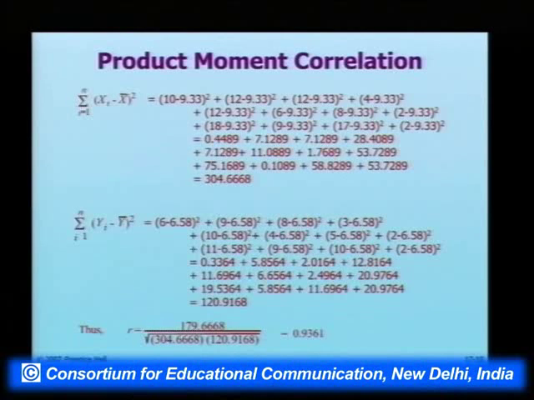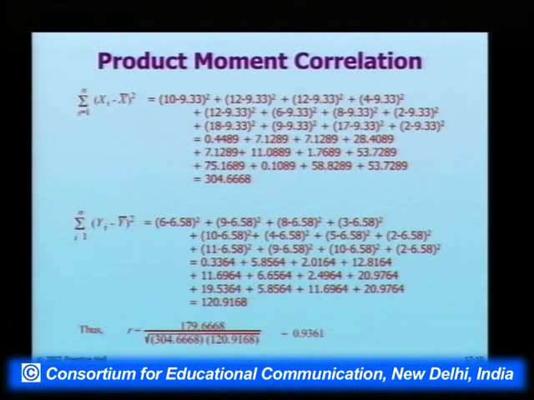Then we also have to find the standard deviations of x and y, because these go in the denominator as per the formula. For all the measurements of x, we subtract the mean, square it, and add them up.